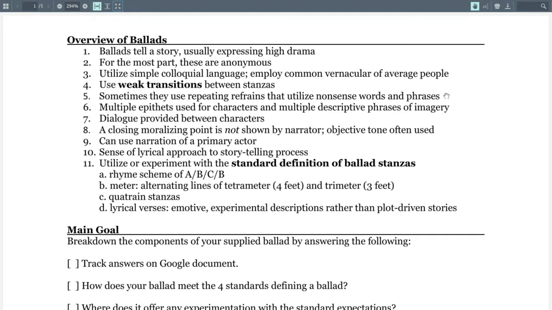Sometimes they also like to use refrains. And in these cases, the refrains are not always going to be in an understandable language. In other words, in the 50s and 60s, it was common to have a refrain that was not in English. It was like dally, dilly dally, la, la, la, la.